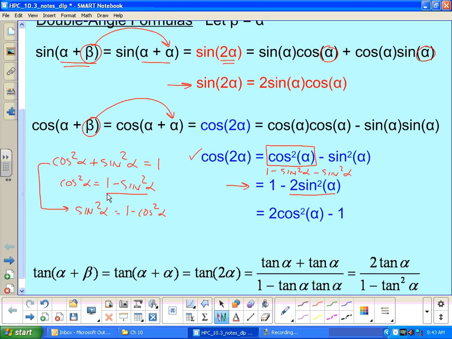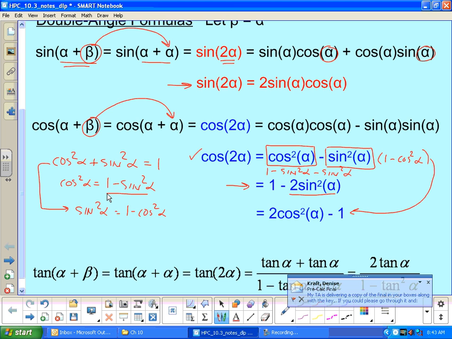Replacing the sine squared alpha with 1 minus cosine squared alpha, that negative has to distribute, so it would be a negative 1 plus cosine squared alpha. And there's where the 2 cosine squared alpha minus 1 comes from. So for the double angle for cosine, we have a couple different options we could work with.